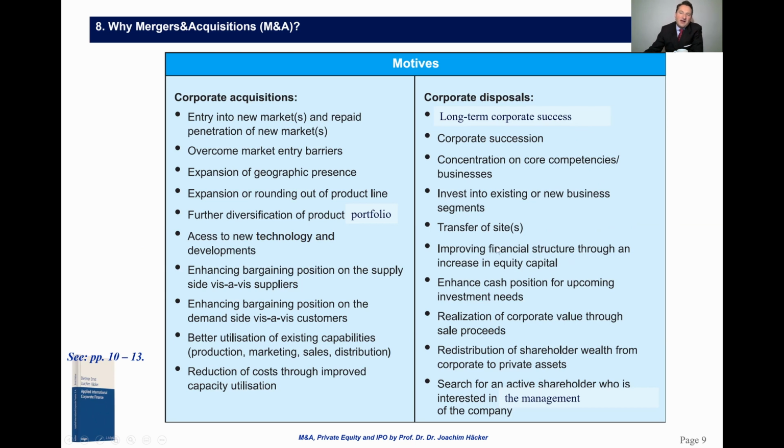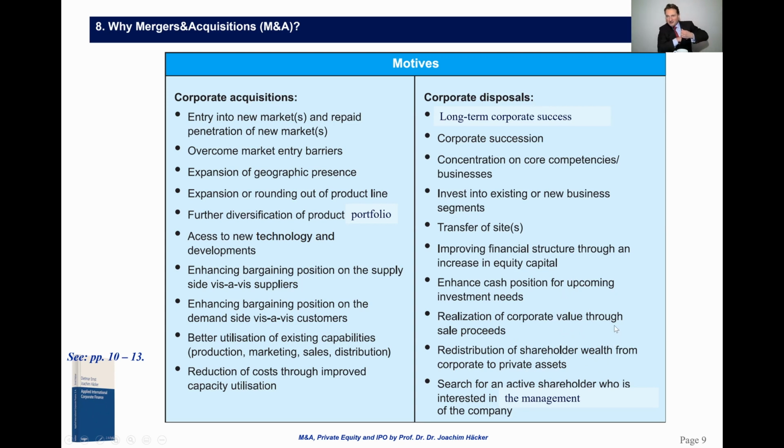On the other side, you might want to improve the financial structures by a capital increase. You want to increase your cash position that is needed for further M&A activities. You want to realize corporate value through the sale proceeds. You want to redistribute shareholder wealth from corporate to private assets.